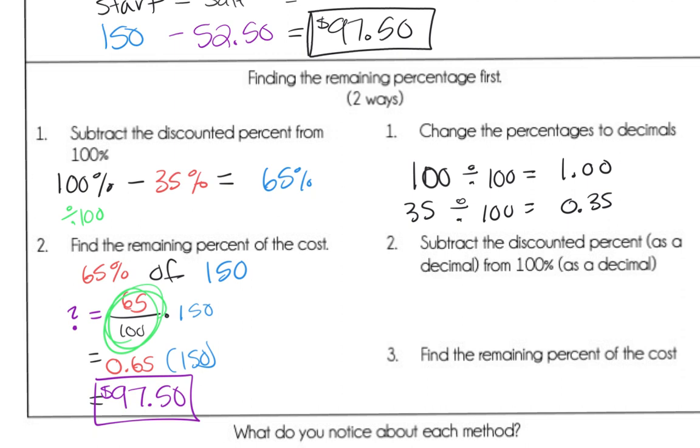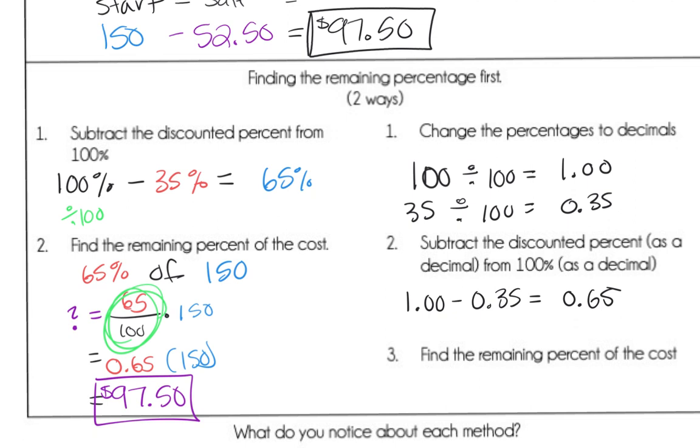And then if I do the subtraction as decimal forms, I'm going to do 1 minus my discounted amount. And look, we're still left with 65%, but this time it's in its decimal form. The reason I like this way is because once you practice enough, you can kind of do this step in your head.